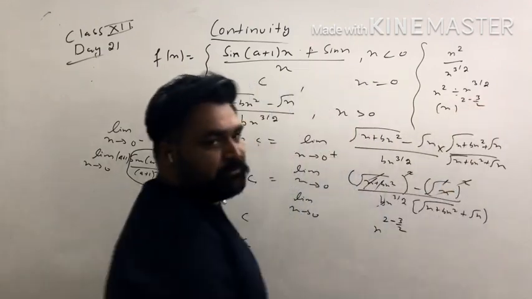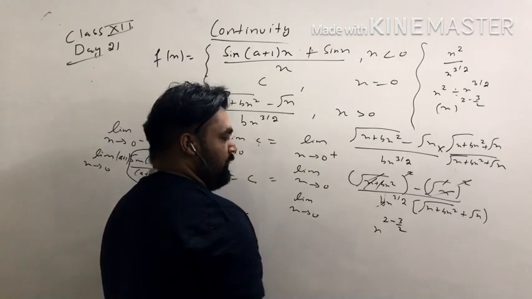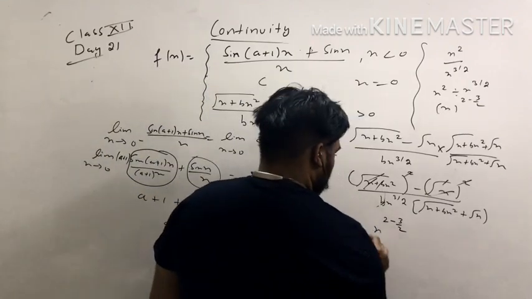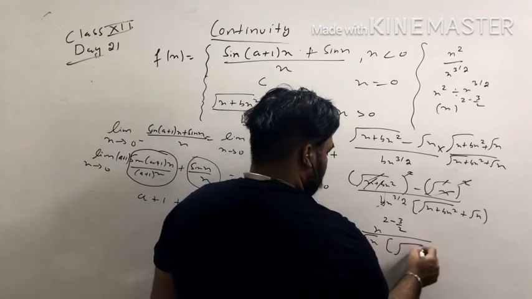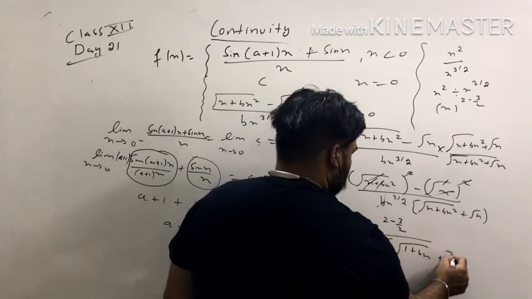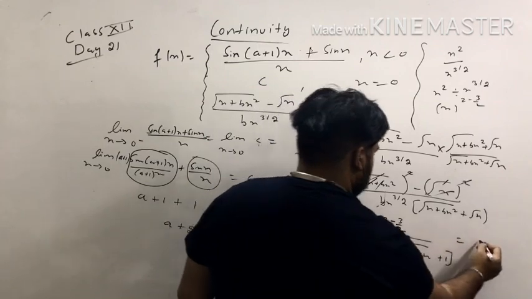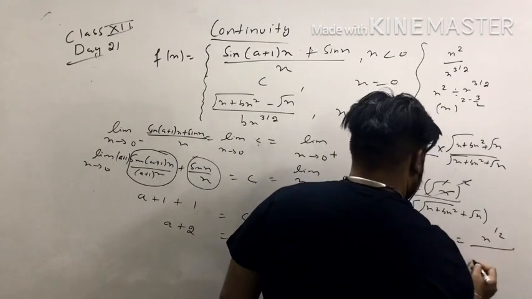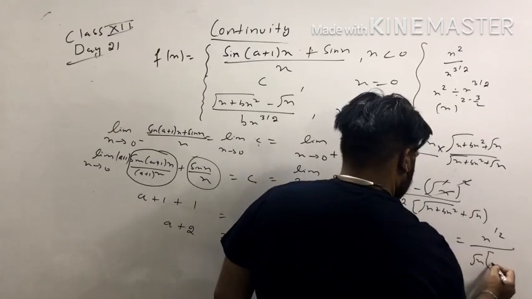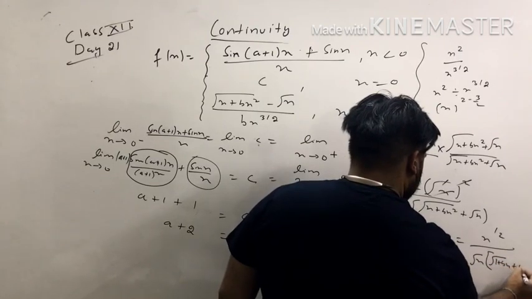So this expression becomes x raised to power 2 minus 3 by 2 upon, now take the root x common. So we are left with 1 plus b x plus 1. So this becomes x to the half upon root x times 1 plus b x plus 1.